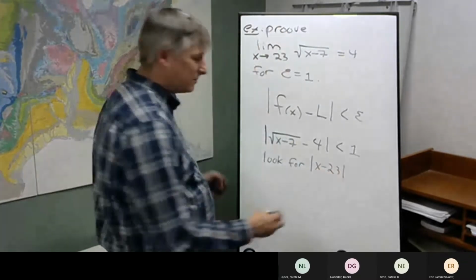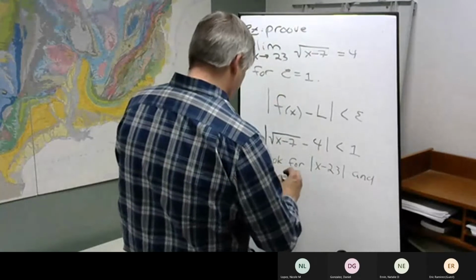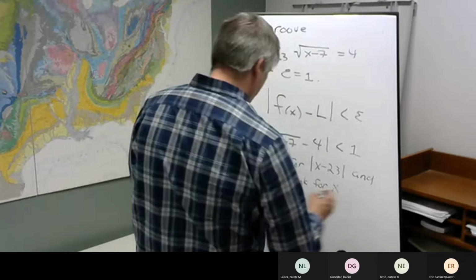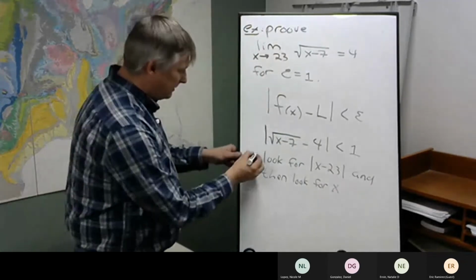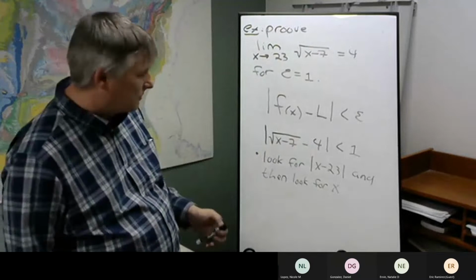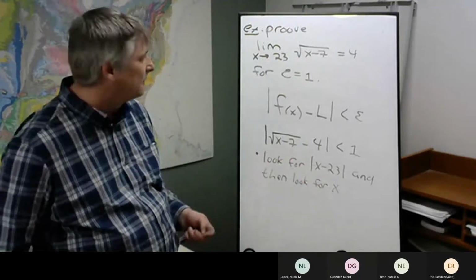We're also going to use the second approach. So we're going to look for x minus 23, and then ultimately we're just looking for x. So either way, we'll probably pass through this as we go to x.